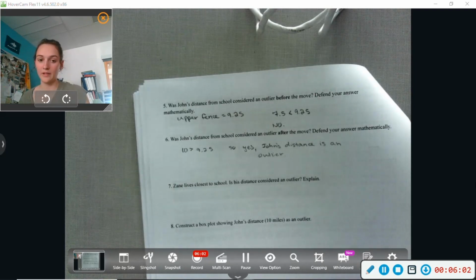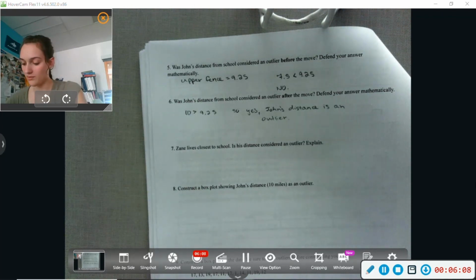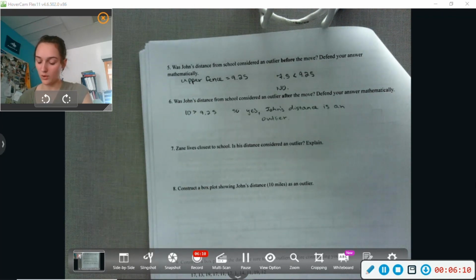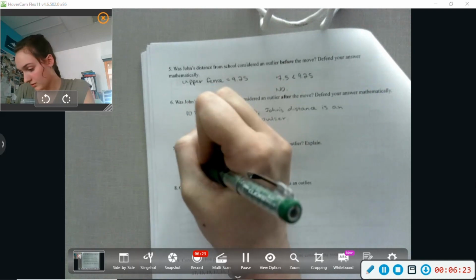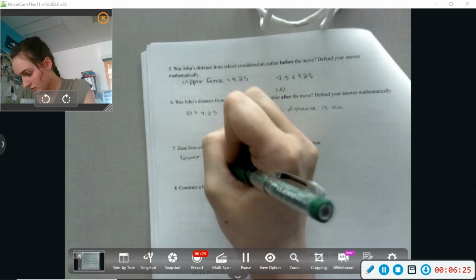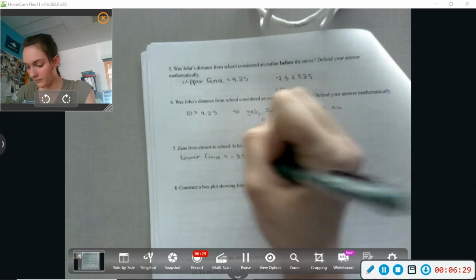Okay, so now let's look at Zane. If you turn back to your table, you can see Zane was the closest, right? Zane lives 0.4 miles from school, okay? So now let's look at whether Zane was an outlier. If you remember when we calculated our IQR and our upper and lower fence, our lower fence was negative 3.95.